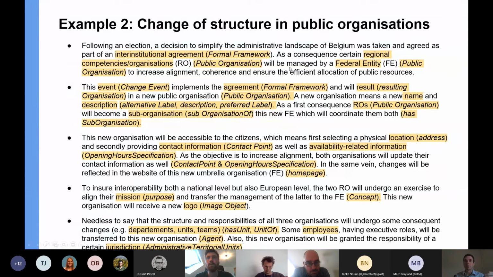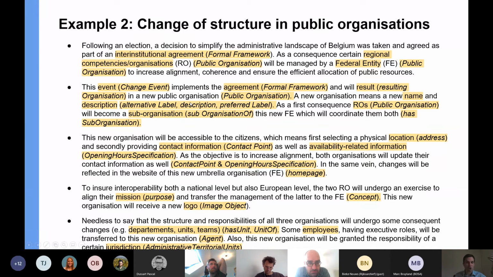And will be managed by, so instead of several entities managing under regional, provincial, municipal law, it will be done at the federal level. And this is actually an event that implements the agreement and that results into some changes for the organization.